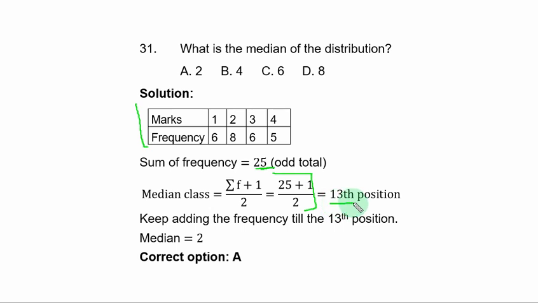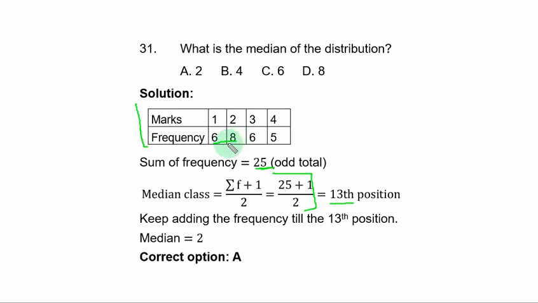So in the frequency, you keep on adding them until you get to the 13th position. So you have 6 is less than 13. You add 6 to 8. So 6 plus 8 is 14.